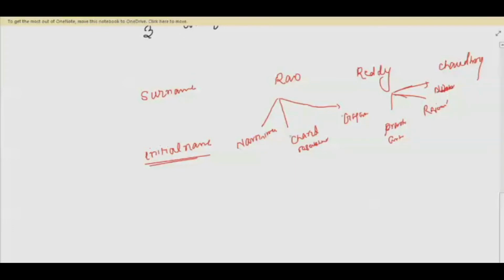Or here we can repeat also, suppose here whatever it is, Gagan, suppose here also Gagan.